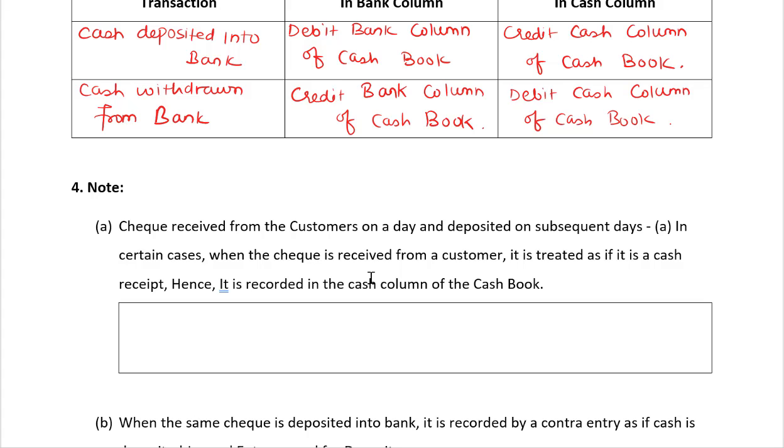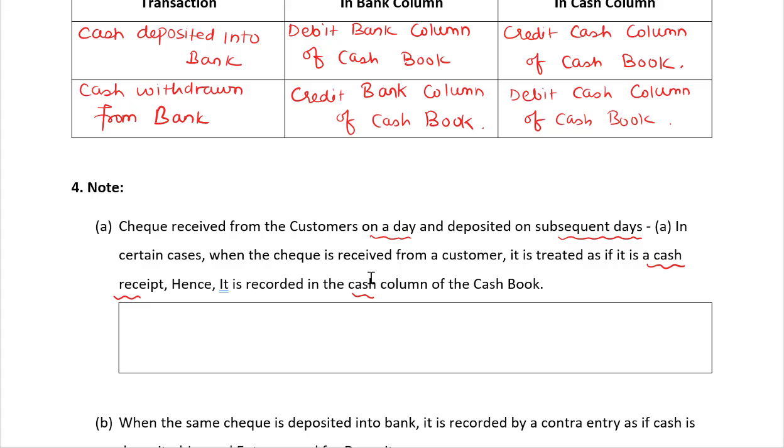Just see this note. Check received from customers on a day and deposited on subsequent days. In certain cases, when a check is received from a customer, it is treated as if it is a cash receipt.